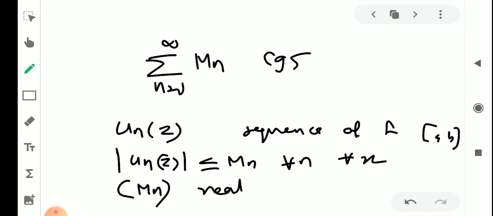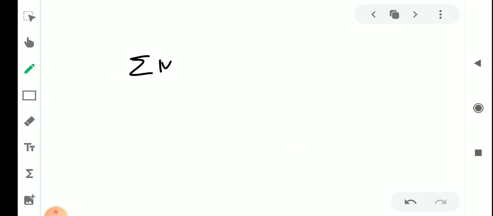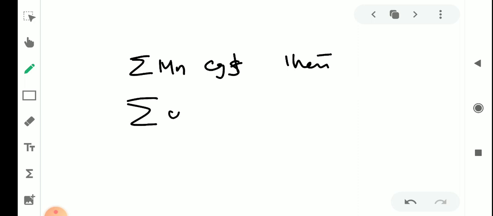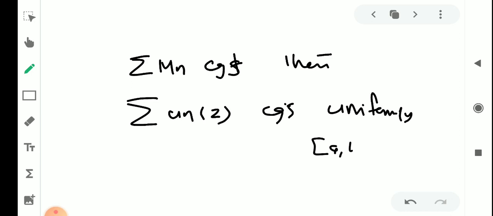Then what's the condition? If sigma mn converges, then sigma un of z converges uniformly on ab.